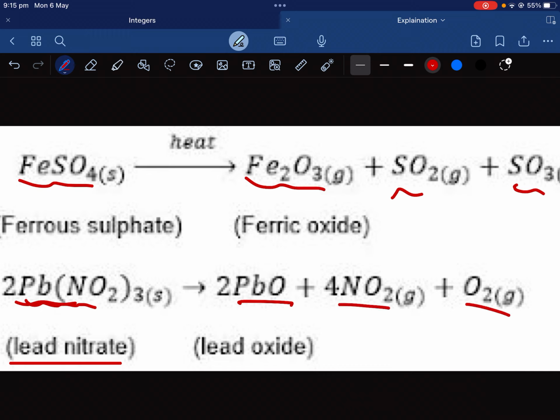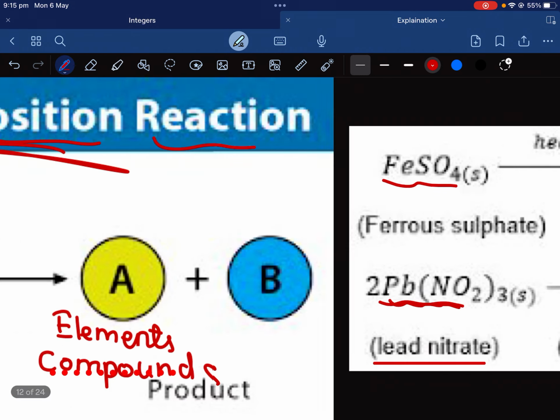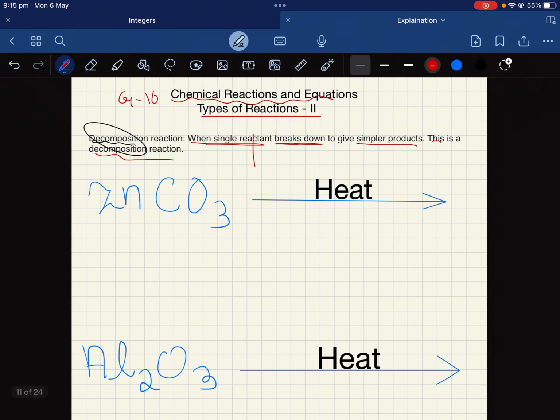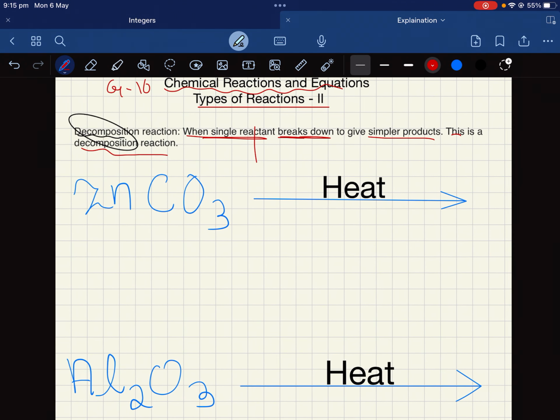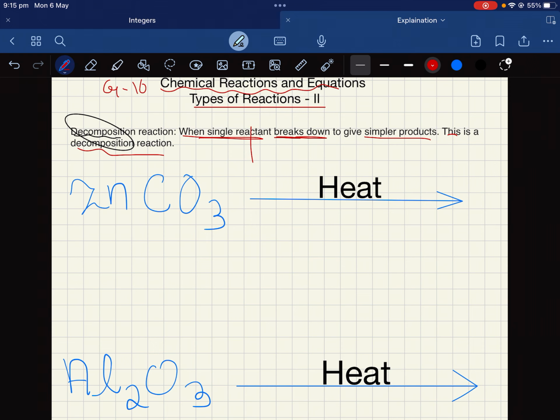See, this broke down into two or more, that is greater than or equal to 2. This broke down into two or more substances. This is decomposition reaction.